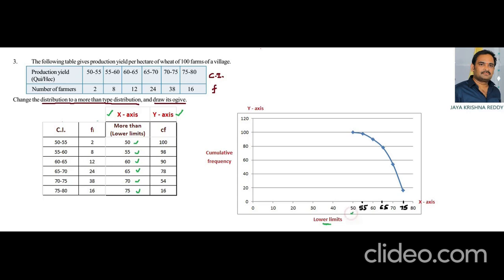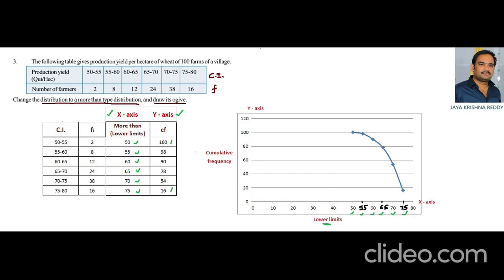And on the y-axis we have taken the cumulative frequency values. From the table the cumulative frequency values are 16 to 100.